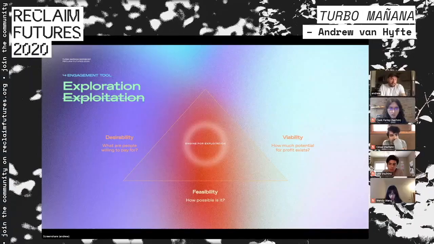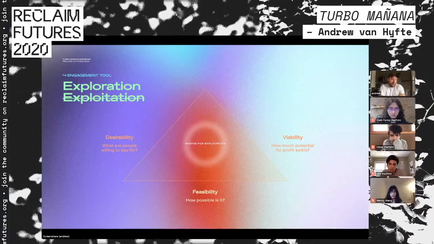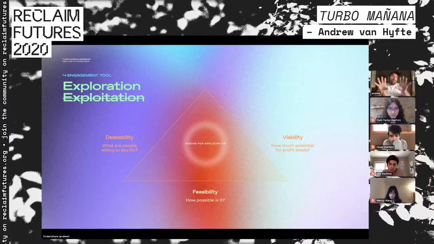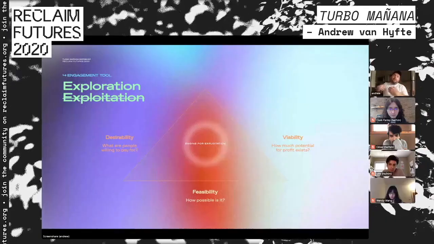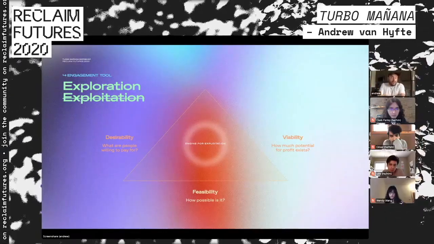Some of you might be familiar with this tool or this triangle, but there's a way that we can take the intent here and move it to be a little bit more appropriate for a future direction.